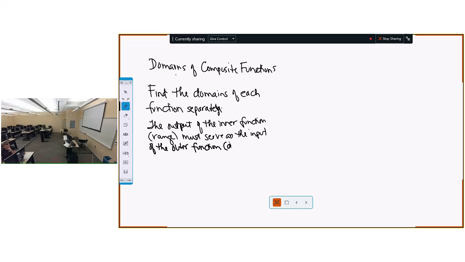So it has to be in the domain of the outer function. That's what we were talking about as we went through those examples. The range or the output of the inner function has to be in the domain of the outer function because it becomes the input to the outer function.